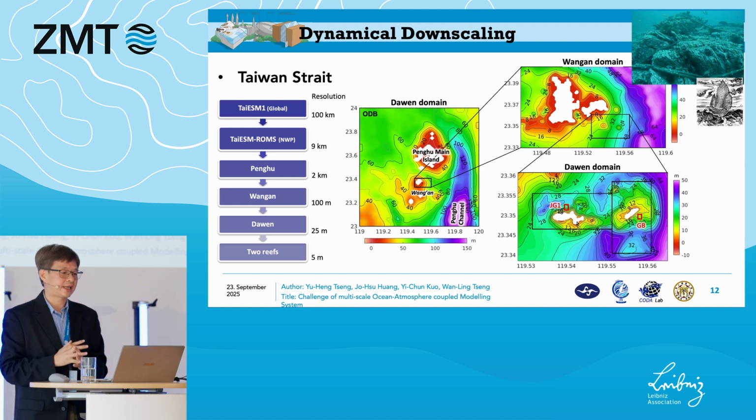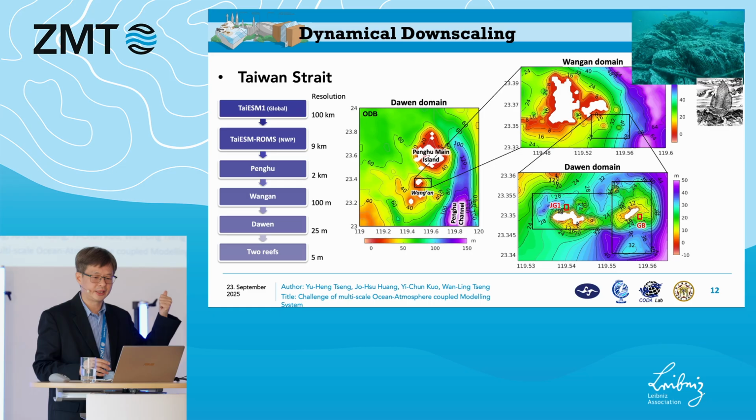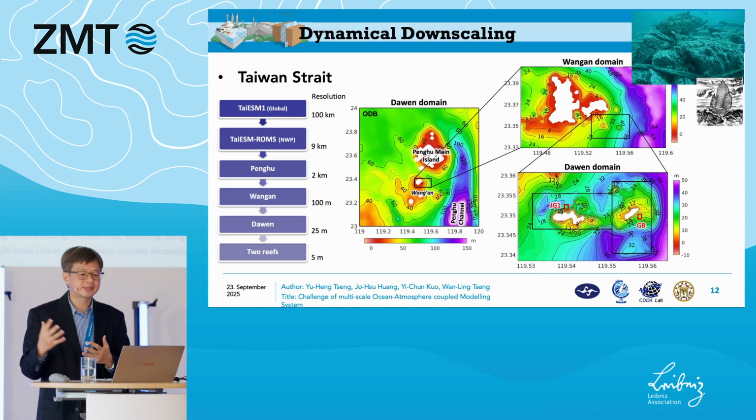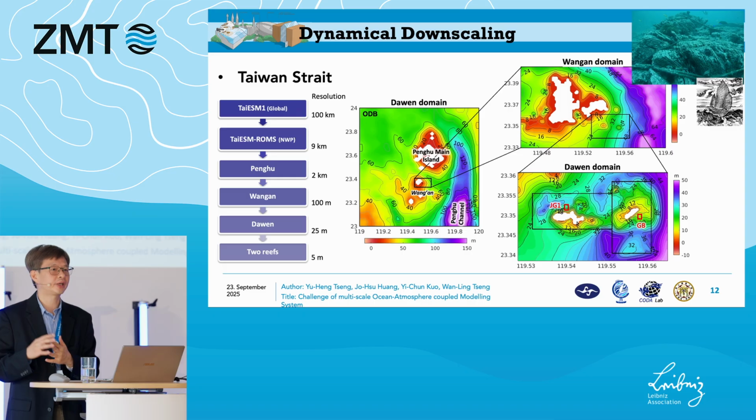So the next step I'm going to talk briefly about is dynamic downscaling. I will just give one example of this. It is based on a very interesting work we did previously, a quantitative risk assessment of climate change impacts on underwater cultural heritage.